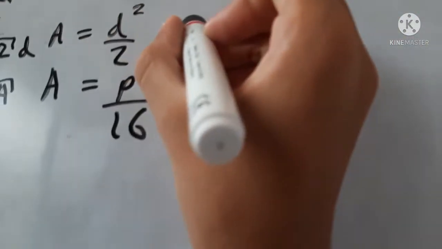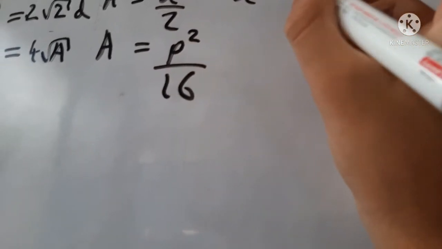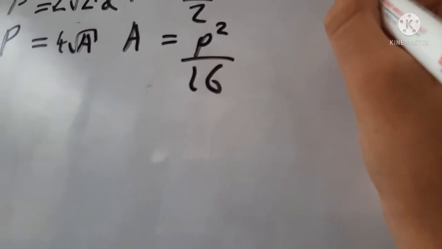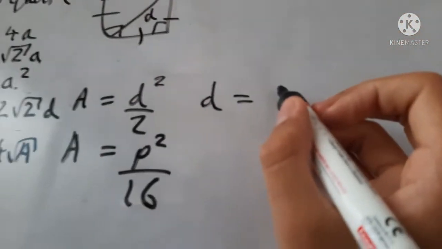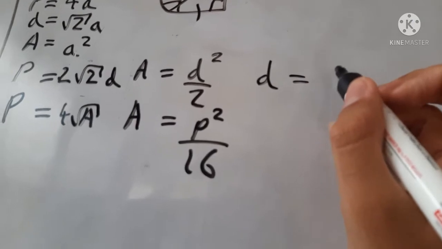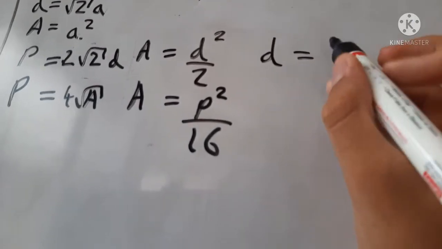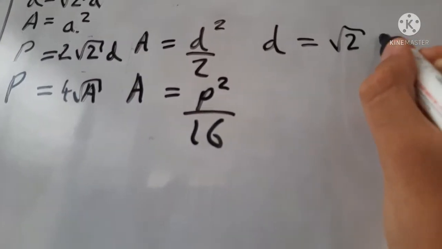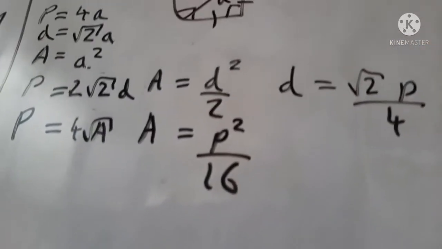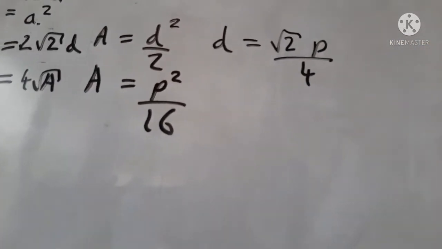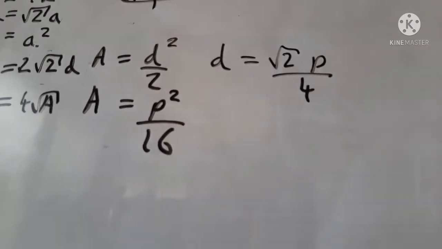And the diagonal in terms of p is p over 2 root 2, which, rationalized, is root 2 p over 4.